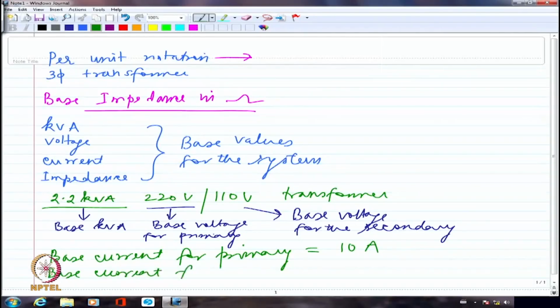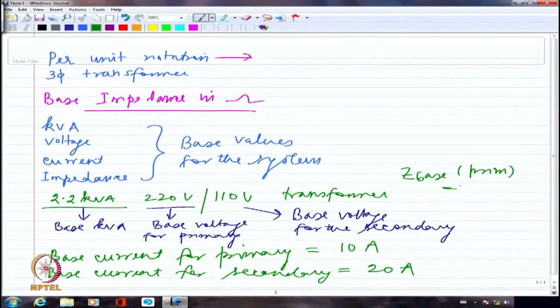Now, if I define base impedance, for the primary and secondary they would be different. Z base for the primary will be 220 divided by 10, which is 22 ohms.